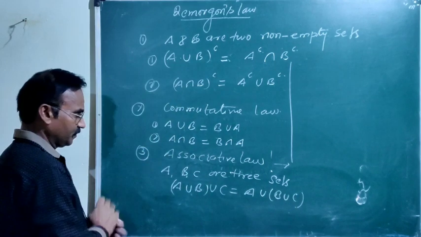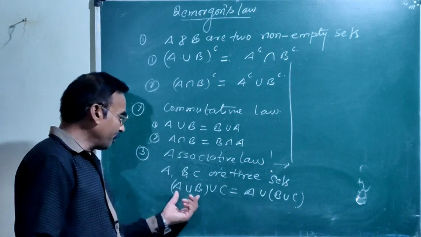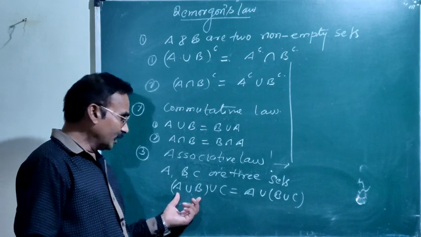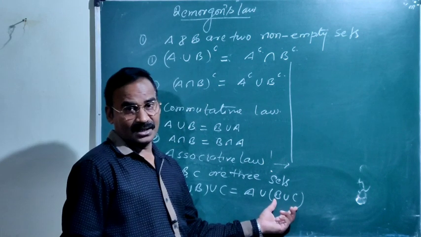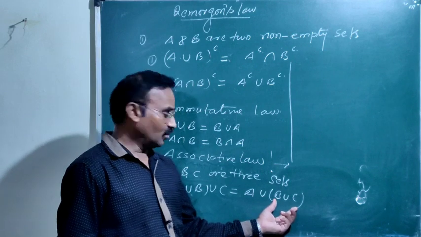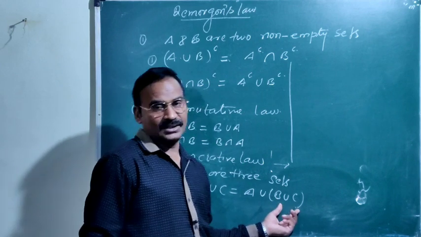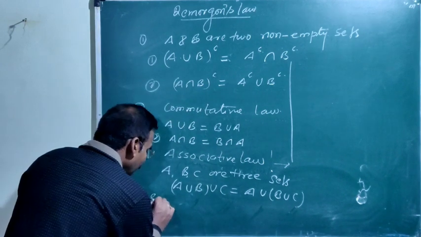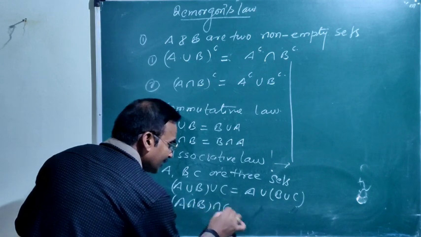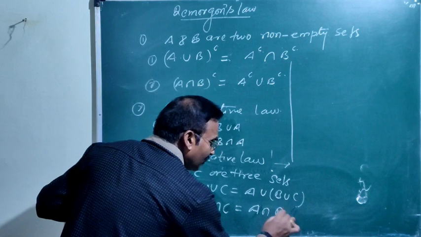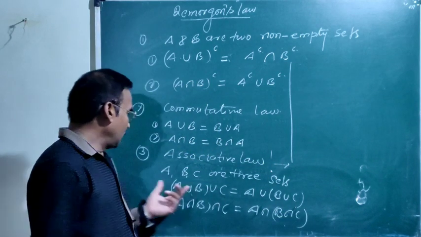What does this law mean? In the first manner you take the first two, A and B, together, and in the second manner you take the second and third together. Similarly, for intersection, (A intersection B) intersection C is equal to A intersection (B intersection C). This law is called associative law.